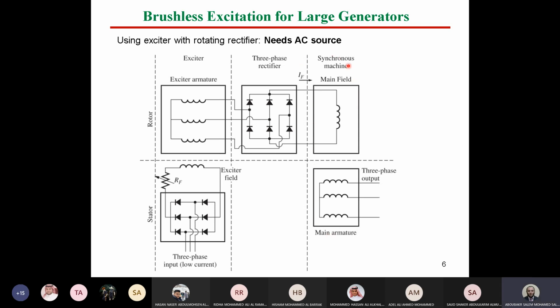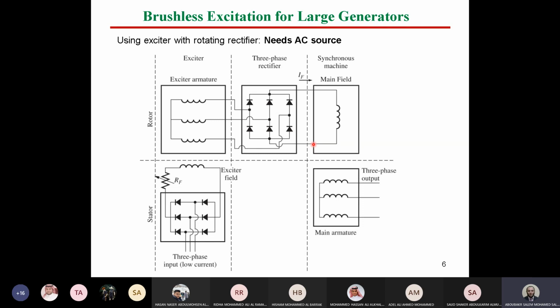This is the synchronous machine. This part represents the moving part, which is the rotor, and this part is the stator. We have 3 stator windings and 1 field winding, which should be connected to a DC supply. How can we connect a DC supply to the moving windings without using brushes?